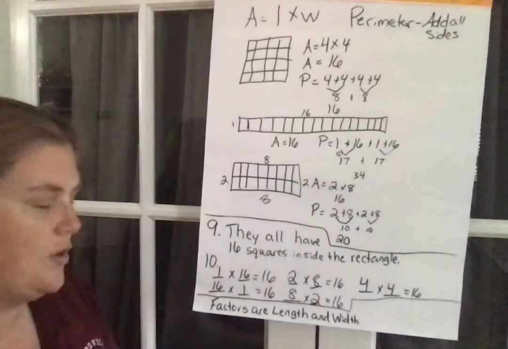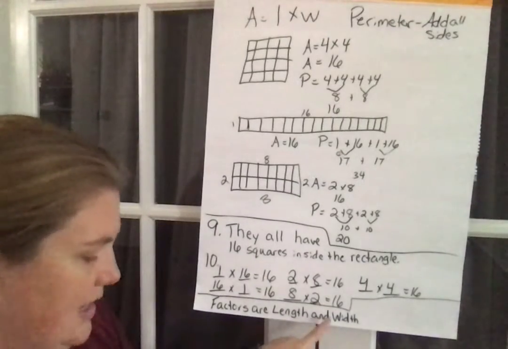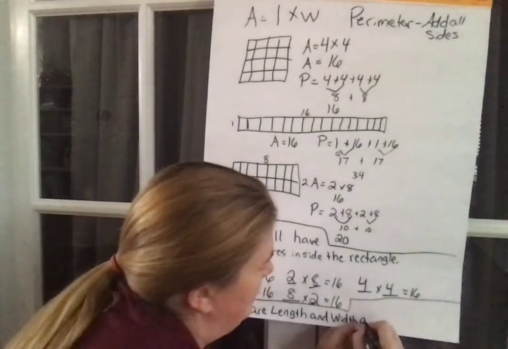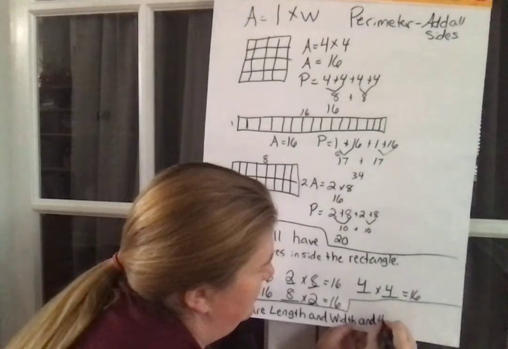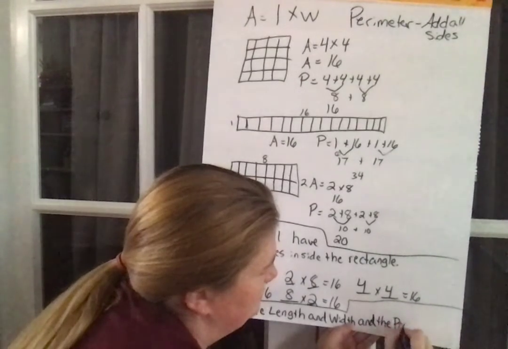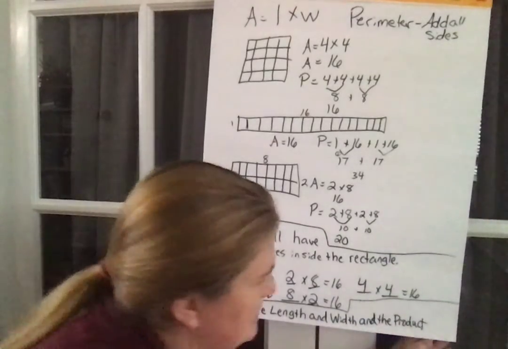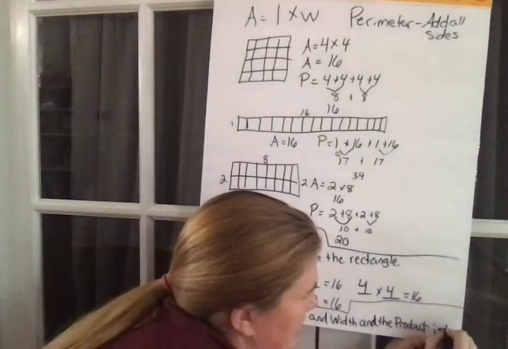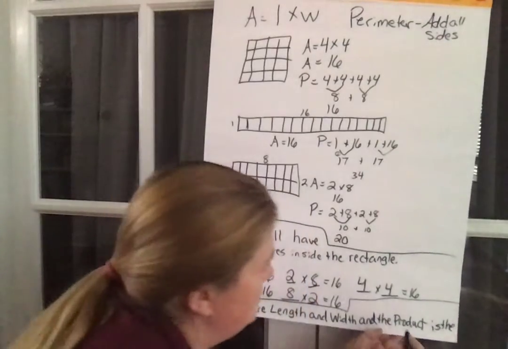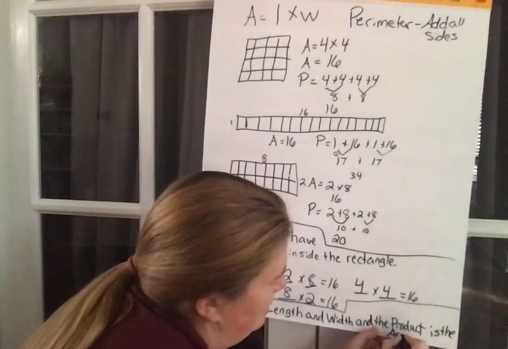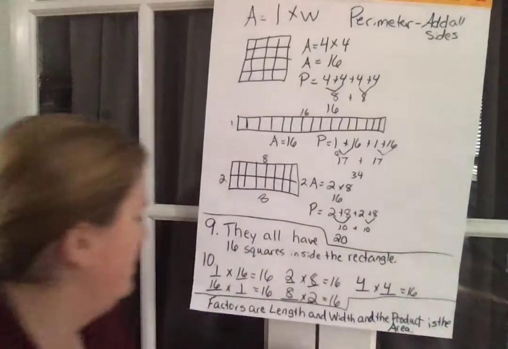The factors are length and width, and the product is the, and I'm going to squeeze this in, area, A-R-E-A, period.